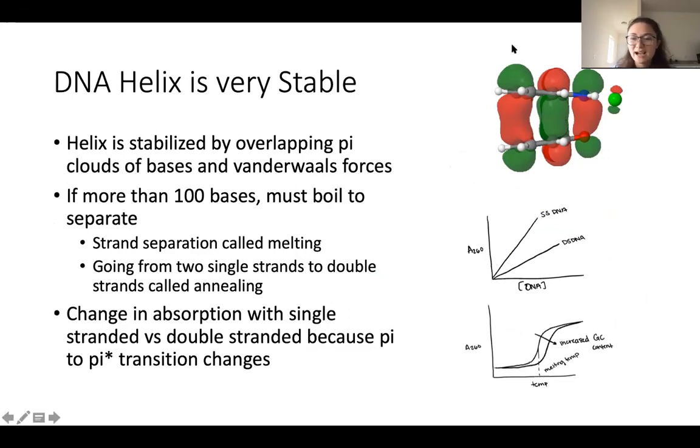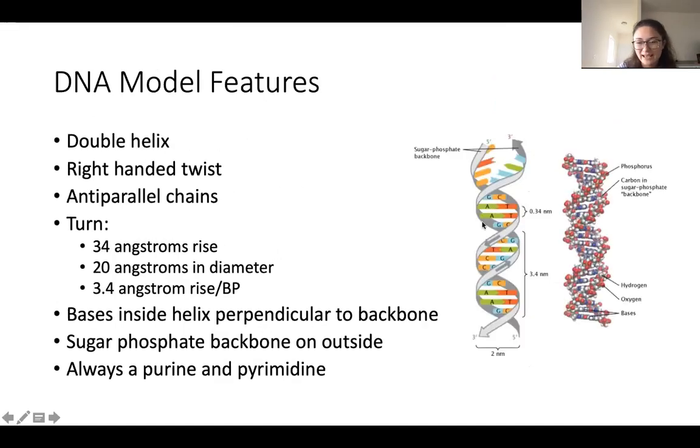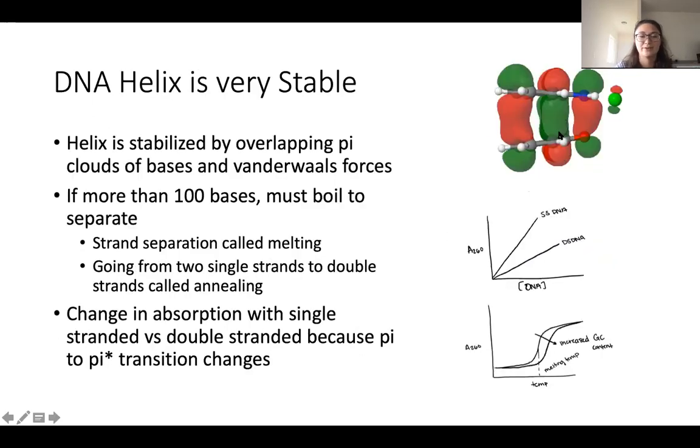So you can see how you can have these pi clouds that are overlapping, and this can lead to favorable interactions. So that's the main stabilizing force. And that makes sense. You see how these bases are really stacked on top of each other, so there's going to be a lot of overlap. And so this makes it very favorable and makes the DNA very stable.